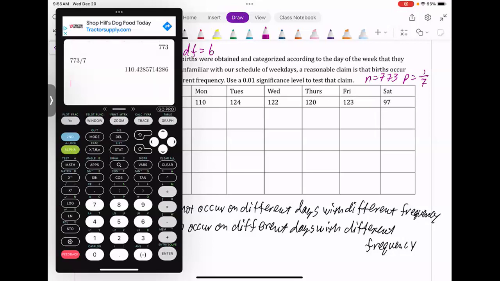Now, I need to emphasize some calculators need this level of precision, so I'm not going to round this off. I'm going to store this. So if you look at my calculator, at the bottom left, third button up, it says STO. So I'm going to hit STO. It's going to take that answer, 110.42857 and so on. It's going to store all of those digits.